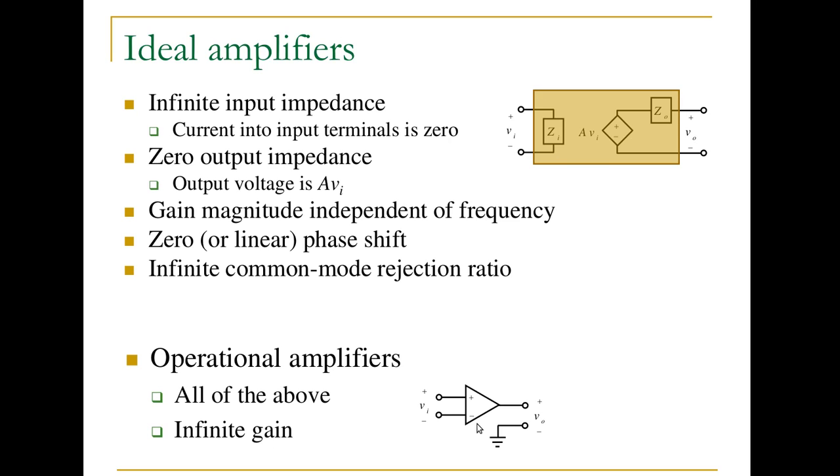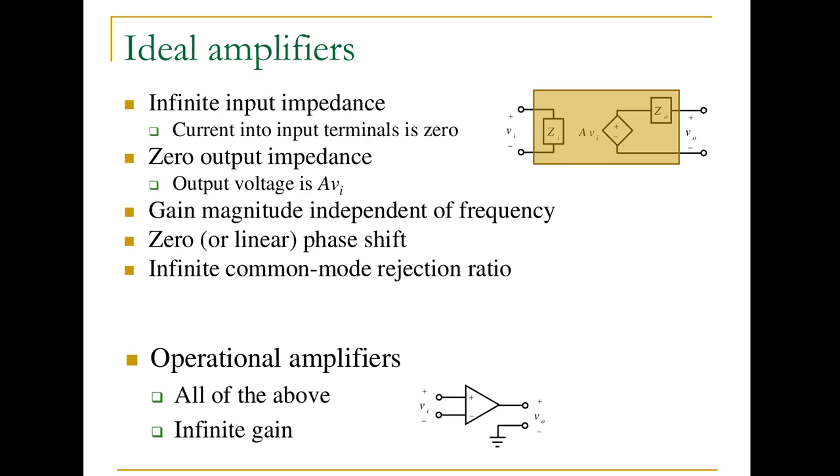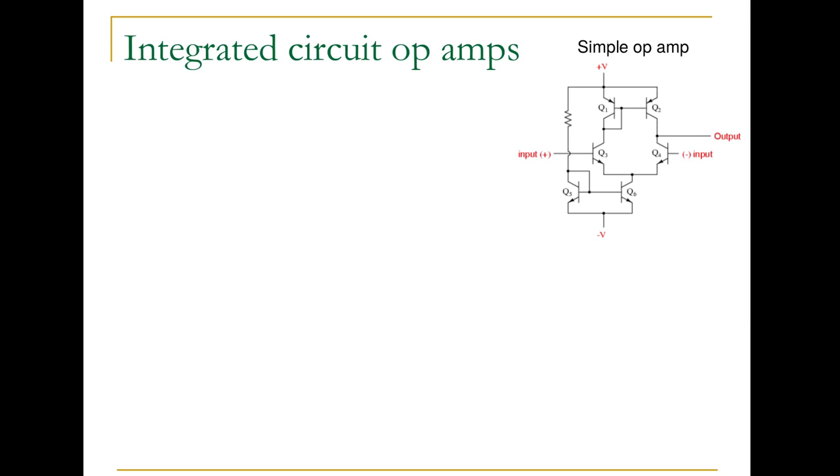And these have one more assumption for an ideal op-amp, and that is that there's infinite gain. So A is infinite. Here's a circuit for an op-amp, and it doesn't reach all of those assumptions. So it has non-infinite gain, it has some input current, etc. And this can be improved upon.